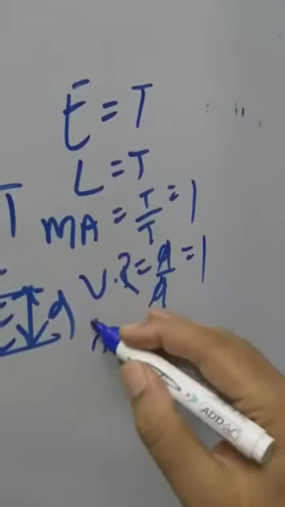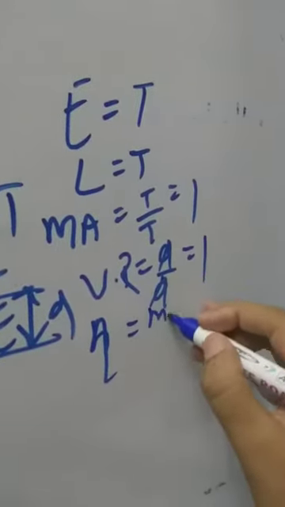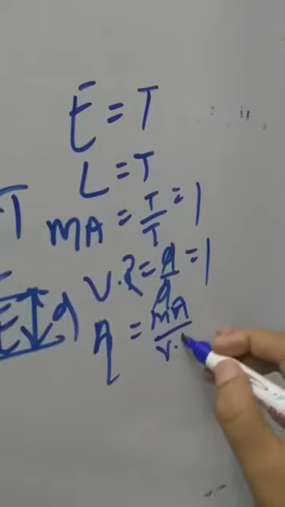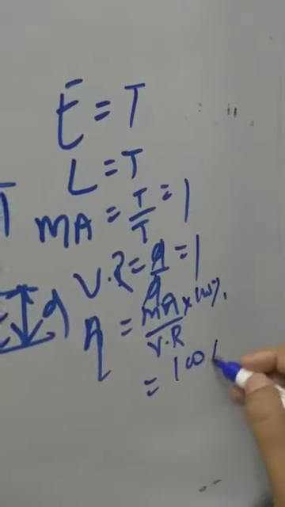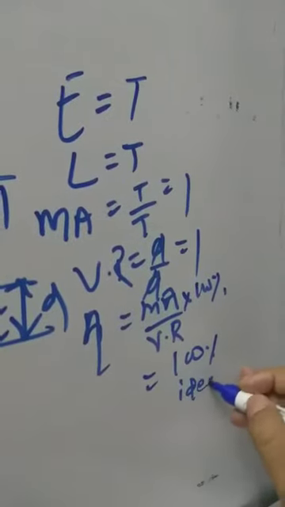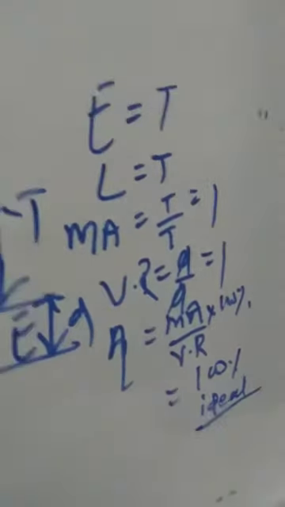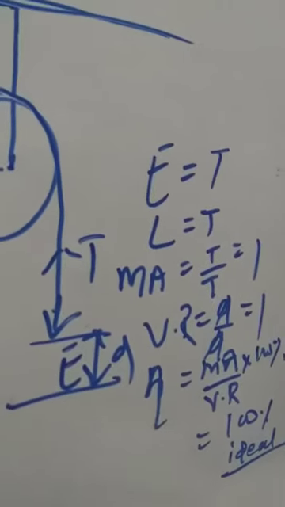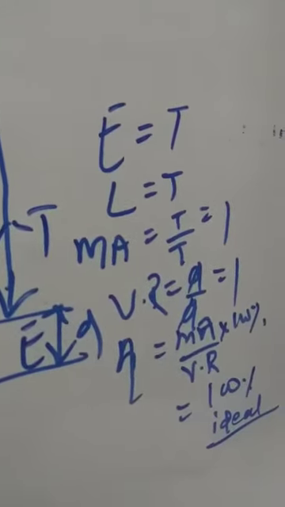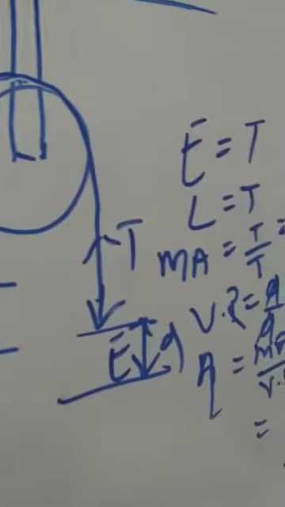Then efficiency is equal to MA by VR into 100%. So this is also equal to 100% in the ideal situation. In the actual case, it will be less than 100%. The reasons I have discussed in my previous class. So this is about single fixed pulley.